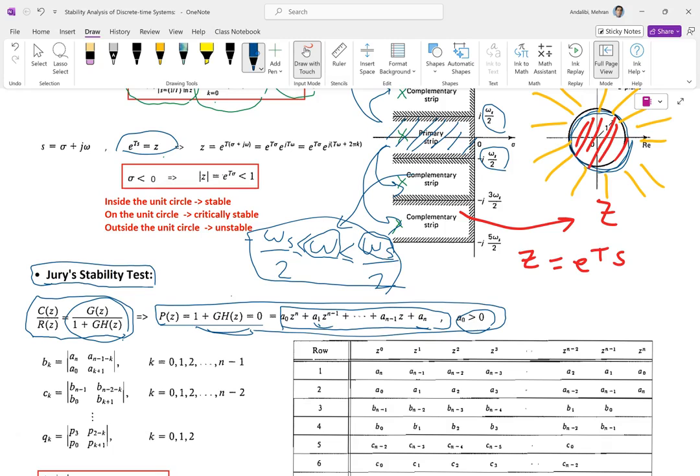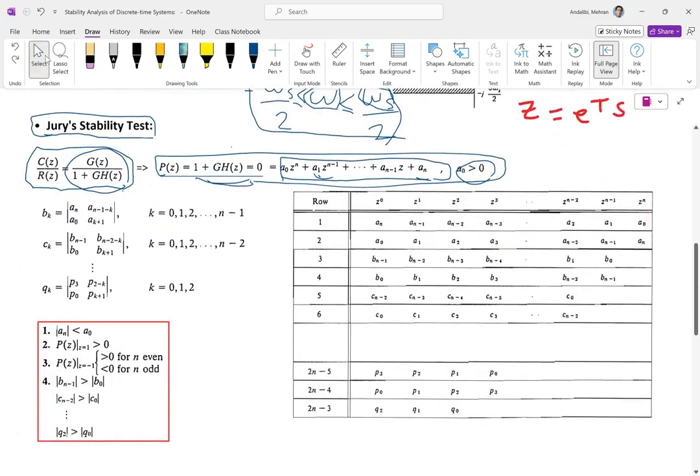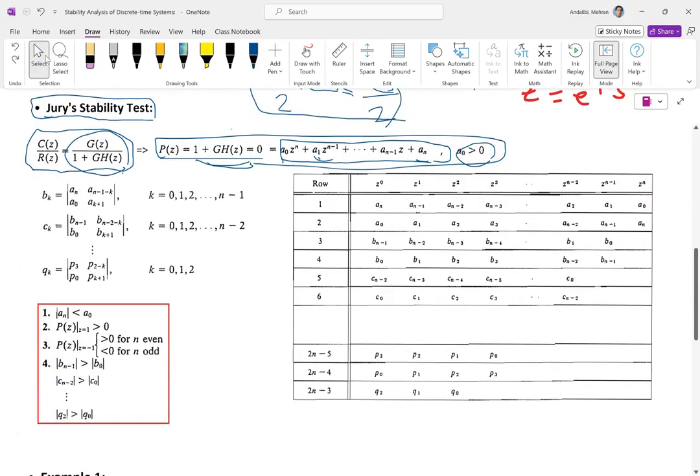If some of them are parameters, then that solution is not going to be as easy. So let me first show you how to form the Jury's stability test table and how to check this, and then we're going to look at a couple of examples here.